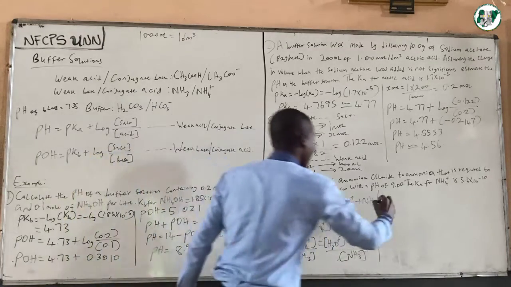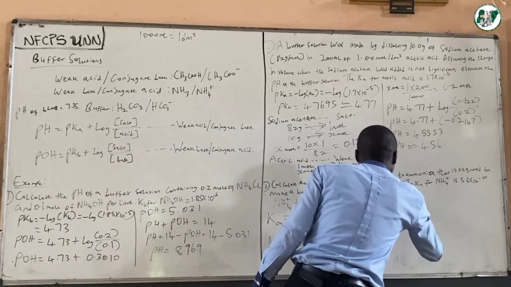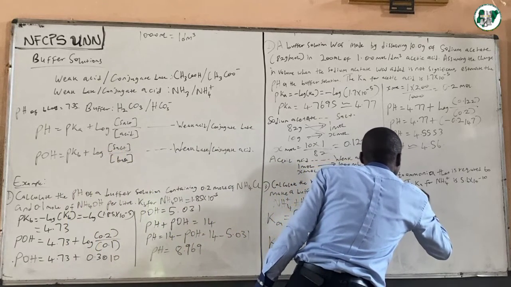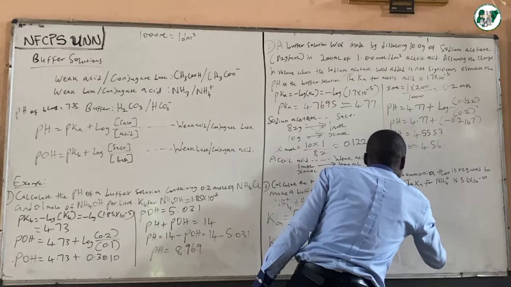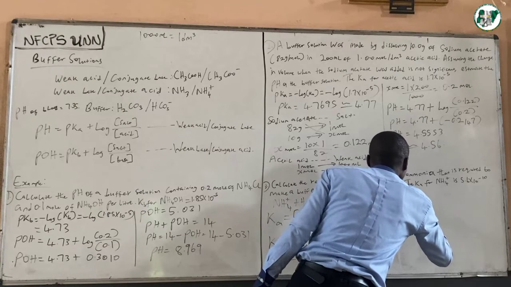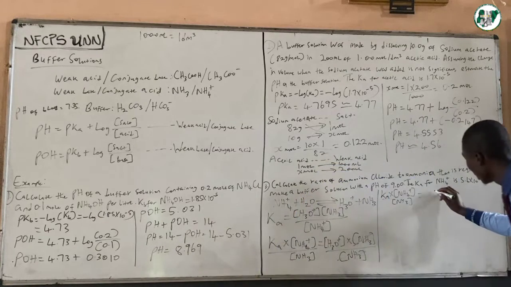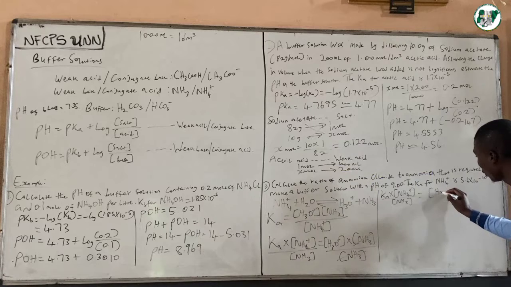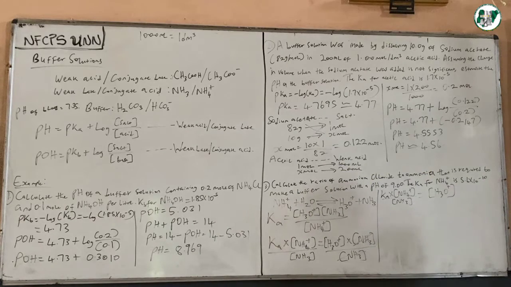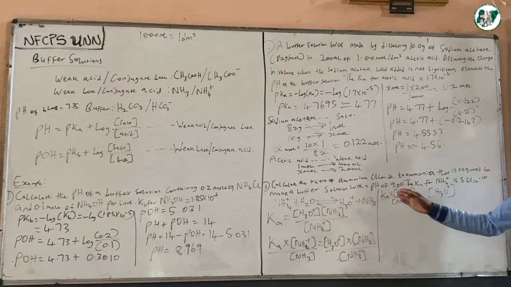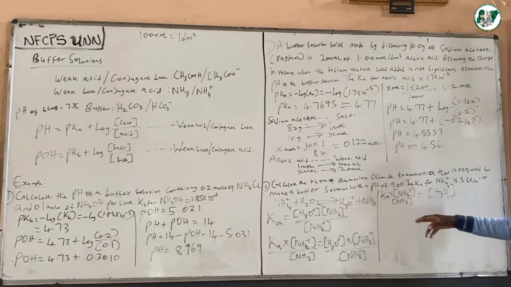So what we have left is Ka times the concentration of ammonium ion divided by NH3 is equal to the concentration of the hydronium ion. The next thing we do, to take Ka from here to this place, is to divide both sides by Ka.